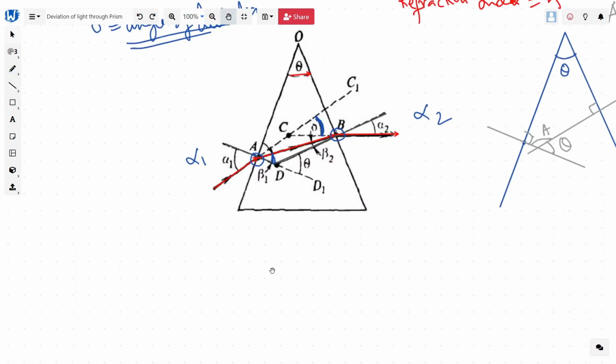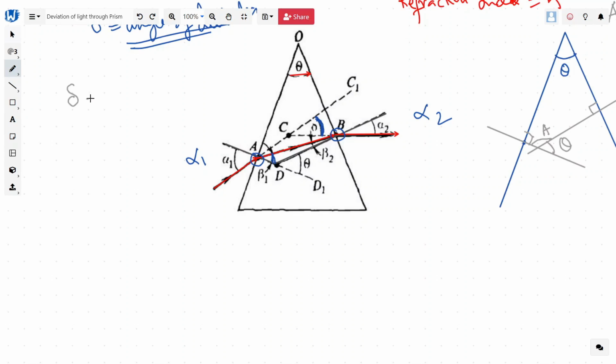Now we are going to write Snell's law, but before that, as we endeavor to find this angle of deviation, let's see what it is. So here this is delta, and delta is nothing but the first deviation. The light is coming like this, then it is going to deviate like this, so it is like CAB.